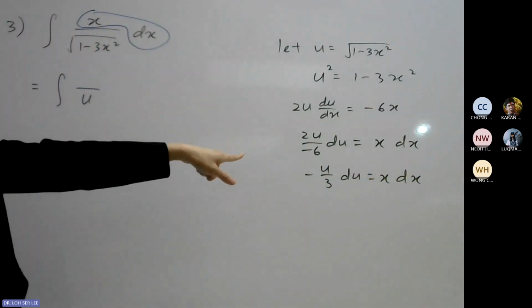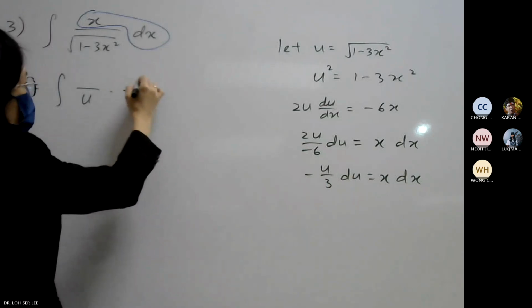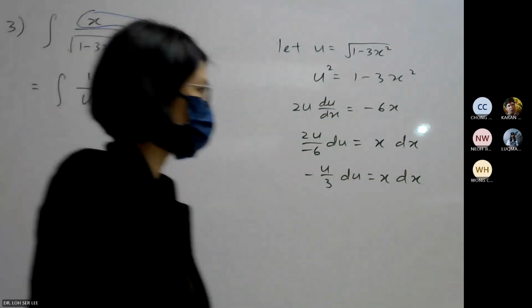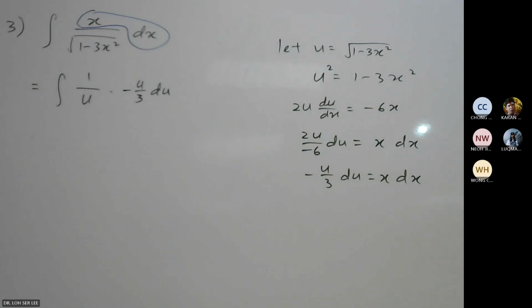Then substitute the x dx by this one. Factorize the negative 1 over 3, cancel out the u.